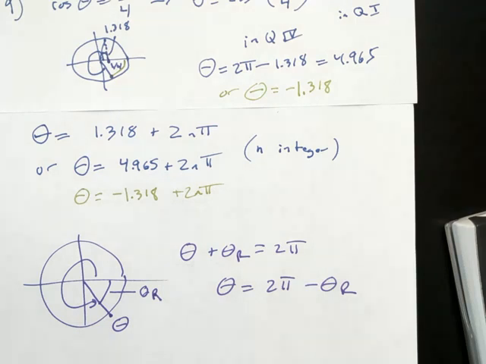Now cosine is even. What does it mean for a function to be even? Something about the picture and symmetry and something like that. About the y-axis.